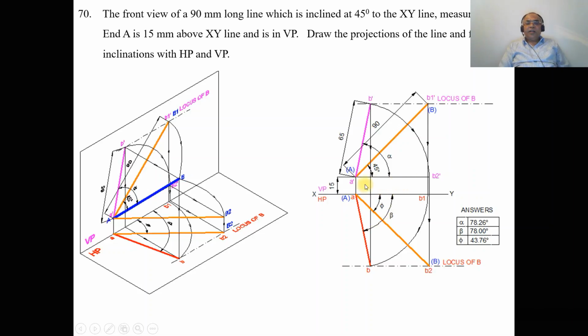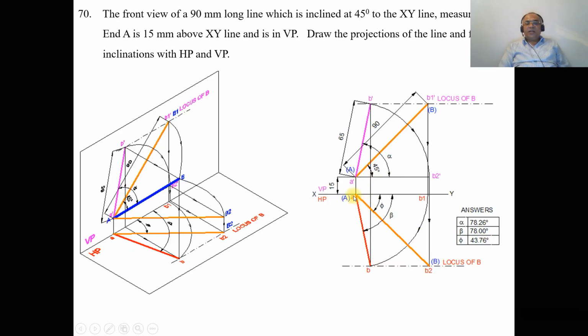By using the protractor with A dash as center, measure an angle with respect to the XY line. That angle alpha will be equal to 78 degrees when you are doing it manually. When you are doing it on computer, it is going to be 78.26 degrees. Similarly, with A as center, using the protractor, measure the true inclination line with respect to VP, which is phi, which will be 43.76 degrees on computer and 44 degrees when doing it manually.